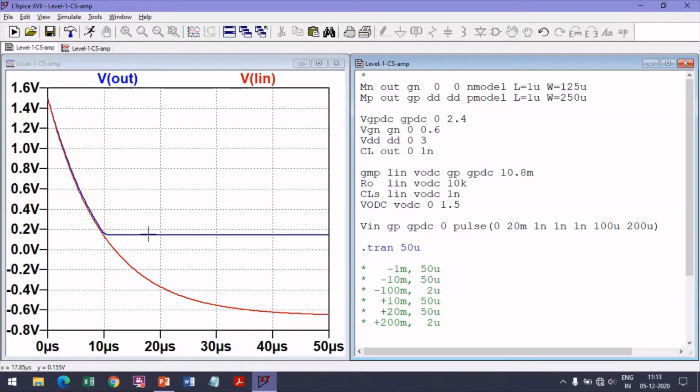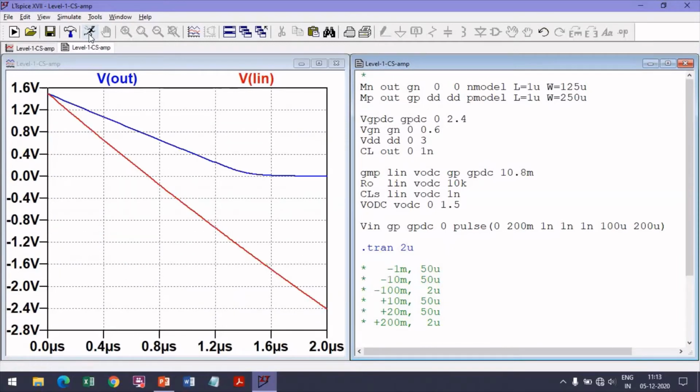All right, now let us do 200, which is a large step. We saw that a plus 200 millivolt step would turn the PMOS off immediately. So let's see what this does. Now the red is the linearized, so that is rising.